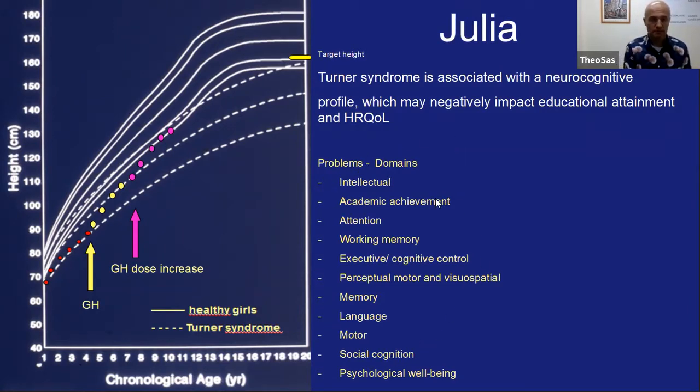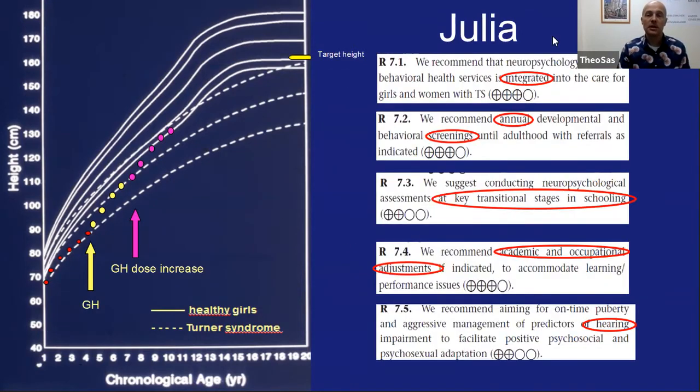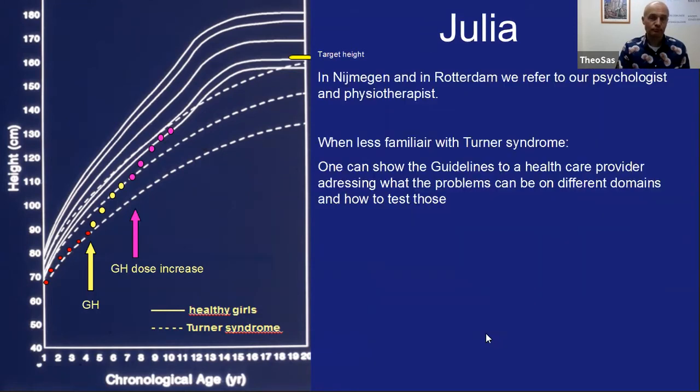So what we have said in the guideline is that neuropsychology and behavioral health science have to be integrated in the care for a Turner woman. And you have to screen for problems, and these are all important for the psychosocial well-being.